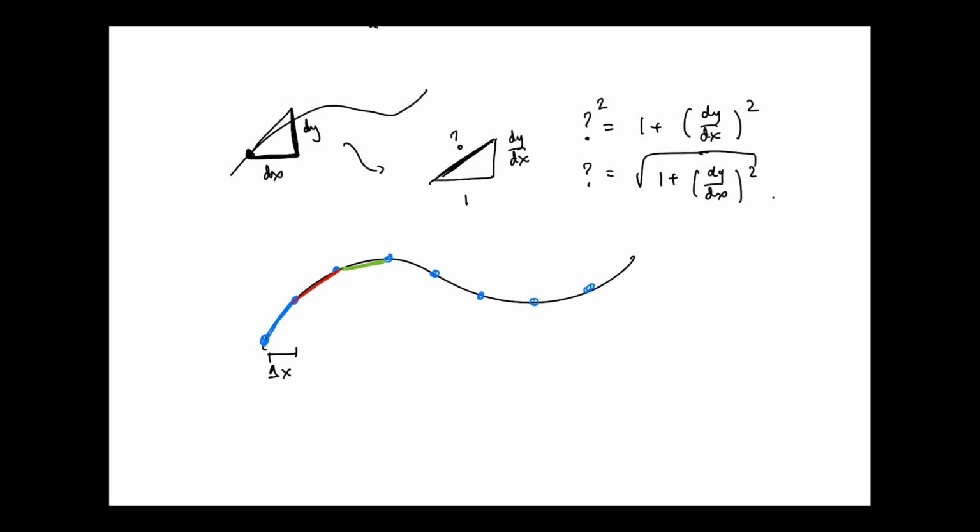Let's take the blue segment there. If the distance between those two points is a finite positive quantity, then how many points do I have for the blue segment to determine its length? I've got 2, right? One at either end.